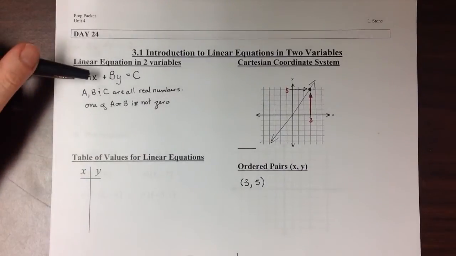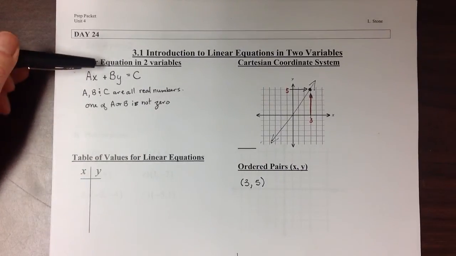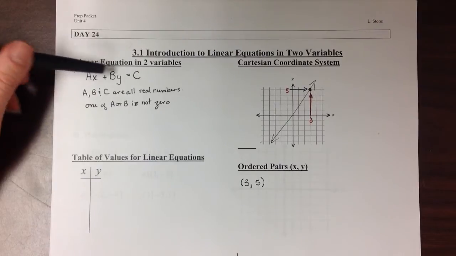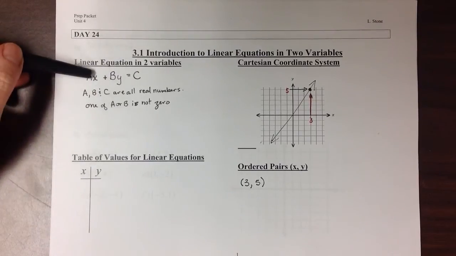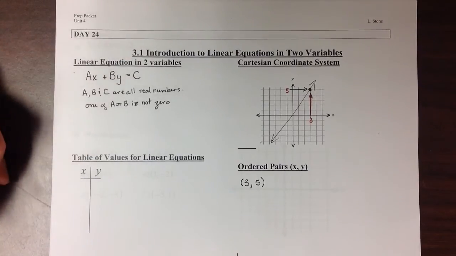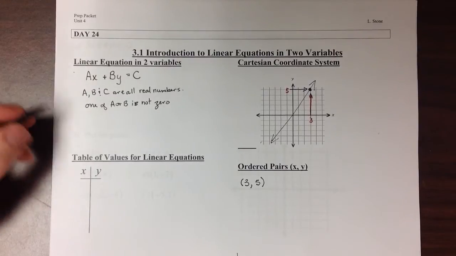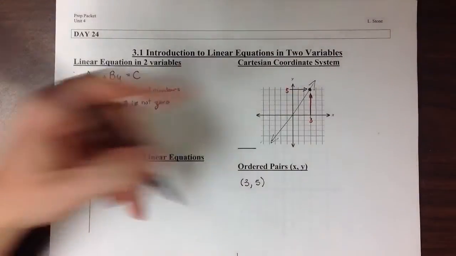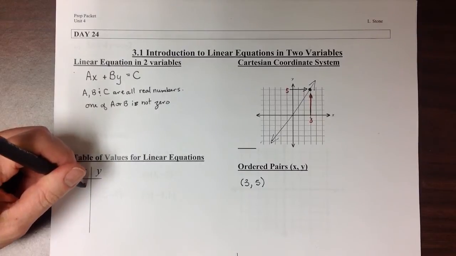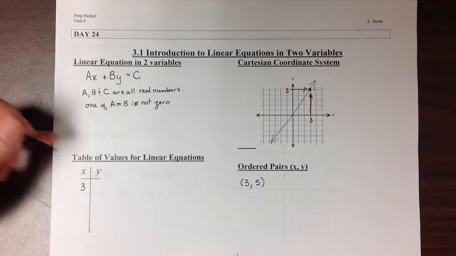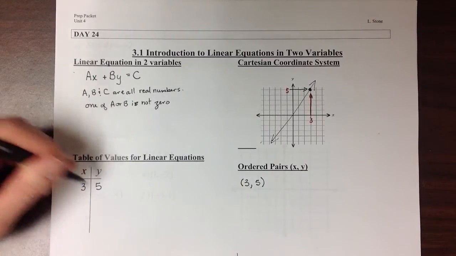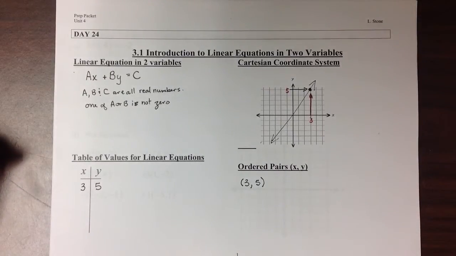So what we do is start with an equation where we've been given either the x or the y. We substitute that value in and we solve it to get the other one. So we might have an ordered pair in this case where we put 3 in to our equation, and when we solved it, we ended up finding out that y was equal to 5.